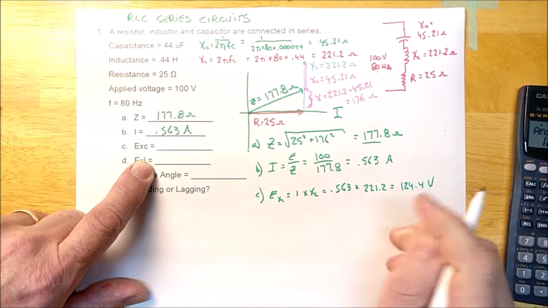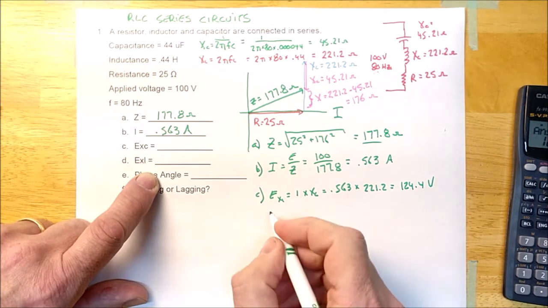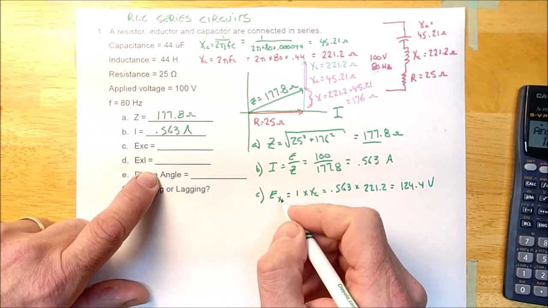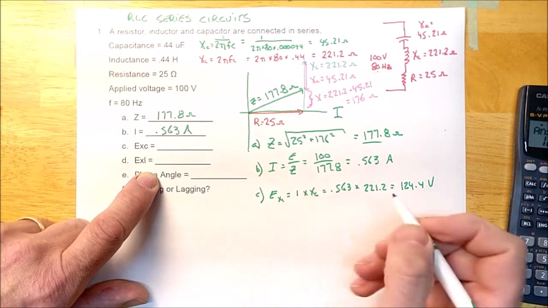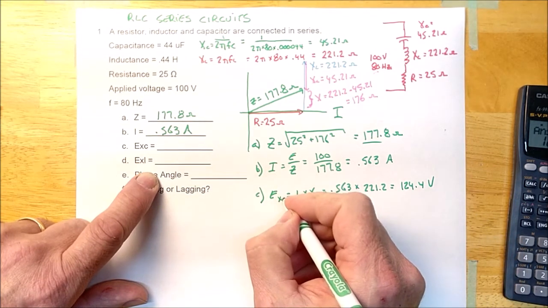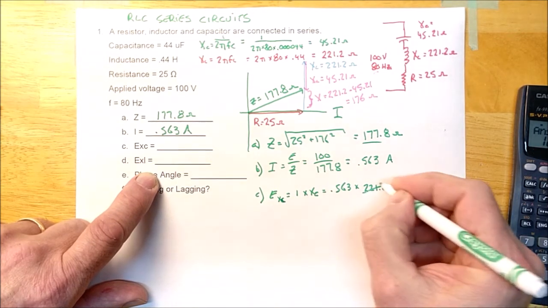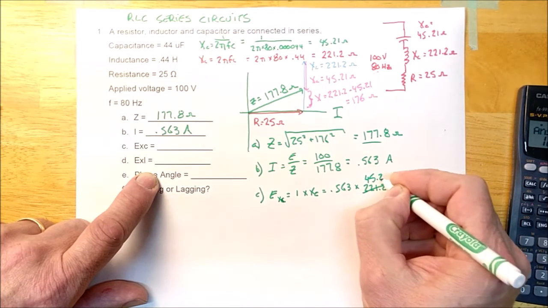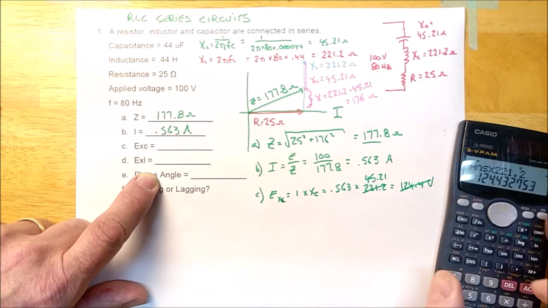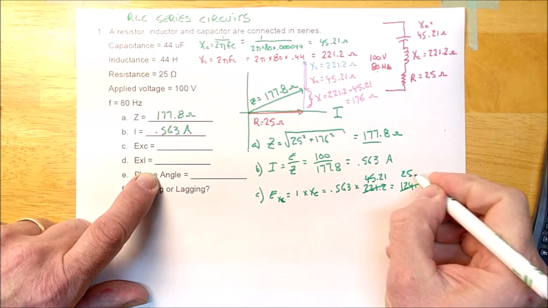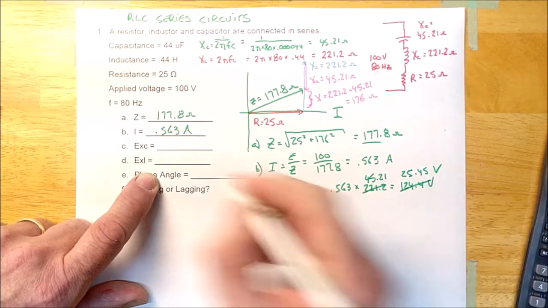124.4 volts dropping there. That's EX. EXC is I times XC, which is 0.563 times 45.21 equals 25.45 volts.